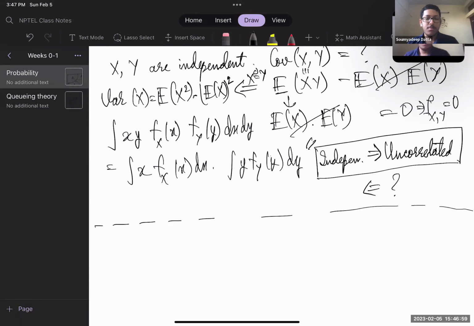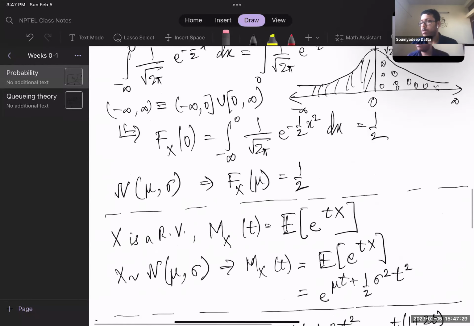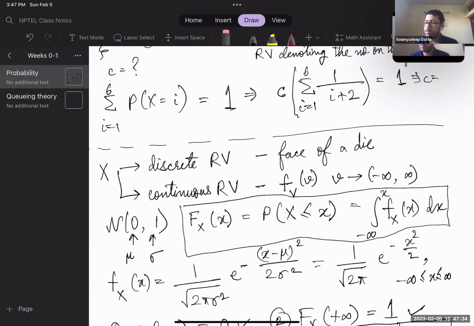This kind of covers mostly the examples that you can figure out. You can do similar small problems, but this is not meant to be a probability course. This is a queuing theory course where you will need all of these notions of continuous random variables, discrete random variables, distribution functions, PDFs.